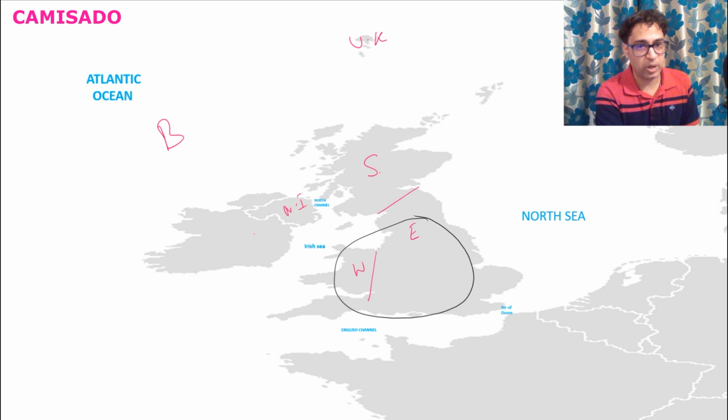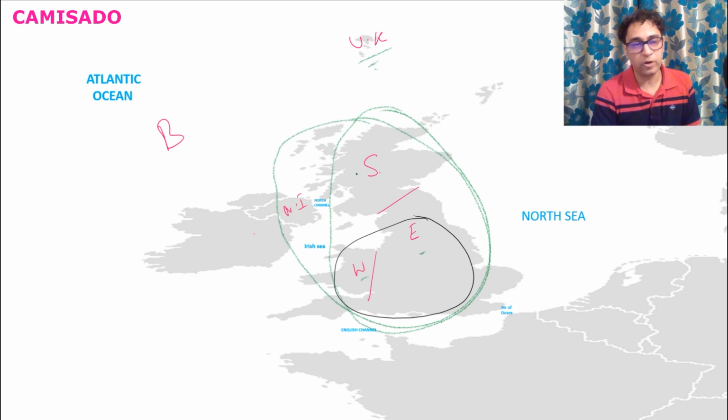But when we talk about Great Britain, we include Scotland, Wales and England. But when we talk about the United Kingdom, we include all these 4 regions. And therefore the full name of the United Kingdom is the United Kingdom of Great Britain and Northern Ireland. Whereas this part is a separate country. It is called the Republic of Ireland.